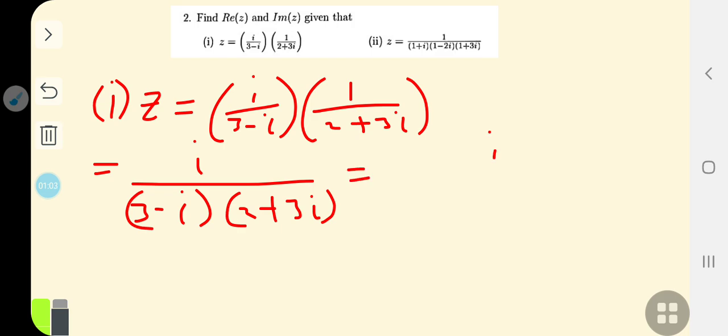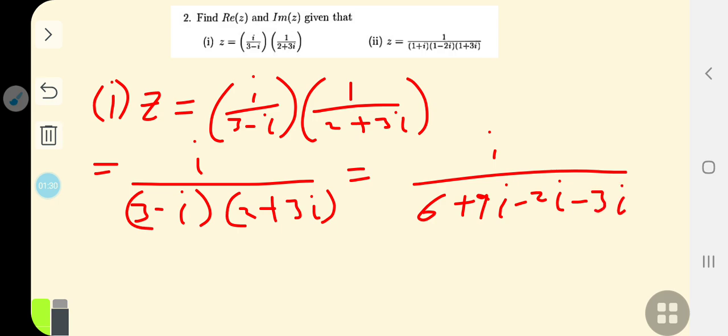From here I can multiply the denominator part, where I'll have 3 times 2 to give me 6, and 3 times 3 to give me positive 9i, then negative i times 2 to give me negative 2i, and negative i times 3i to give me negative 3i squared.